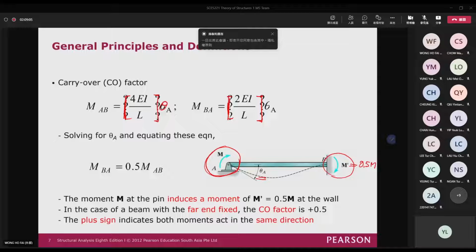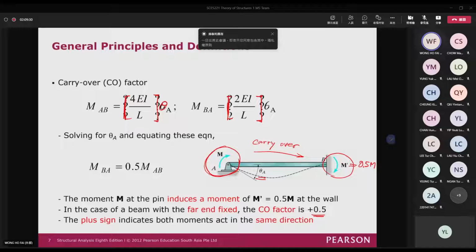Then if you have a moment on the left-hand side, you will carry over the moment to the other side. We call that the carryover. That means you will transfer the moment from the left-hand side to the right-hand side. Usually the carryover factor is 0.5, and that is plus.